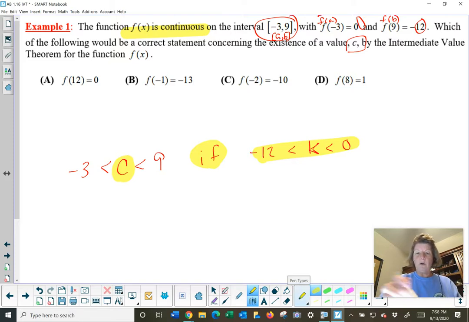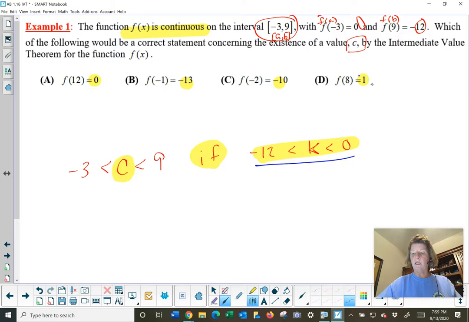These are the values I am first scanning. And I find that there are some that are outside the negative 12 to 0, such as 1, which does not fall in that interval, and 0, which is not less than 0, k would be equal to 0. Negative 13 would be sitting down here, so that's not in.